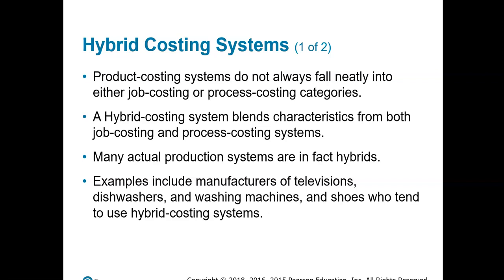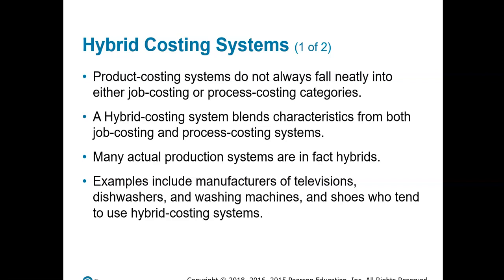So, what are hybrid costing systems? Well, first of all, let's take a look at why we might need a hybrid costing system. Product costing systems do not always fall neatly into either job costing or process costing categories. In other words, neither a job costing system nor a process costing system is going to be a nice, neat, tidy way to figure out product cost.